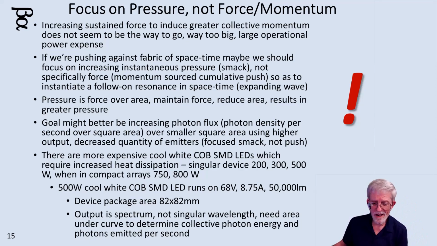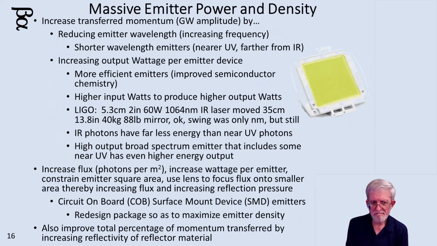So I'd like to do the math, but I don't have the numbers from the chip manufacturer. But this is essentially how you do it: you reduce the wavelength and increase the frequency. So if you can get to shorter wavelength, farther from infrared, basically, more efficient, if you can get them to produce more watts of photons out versus watts of power in.